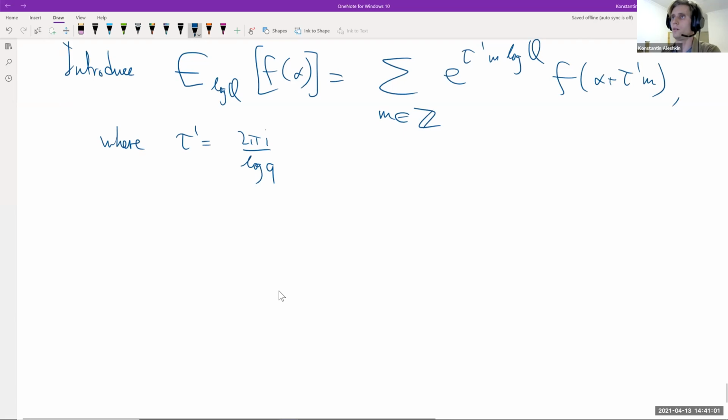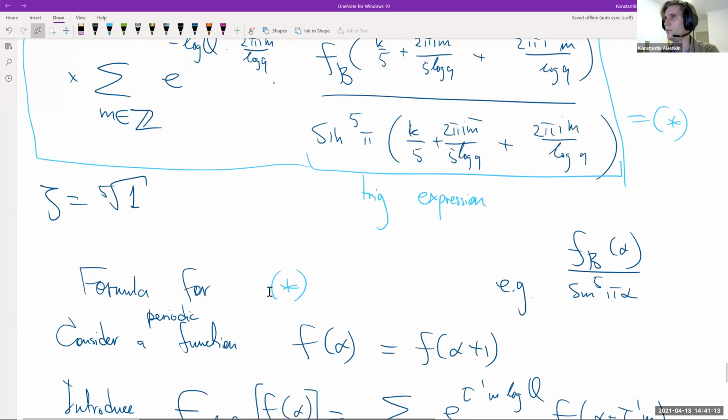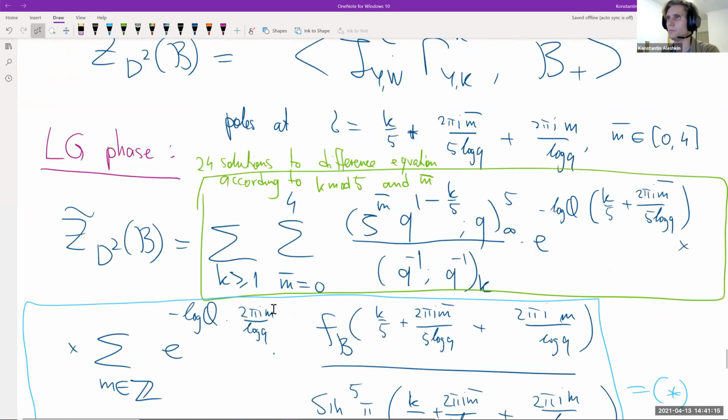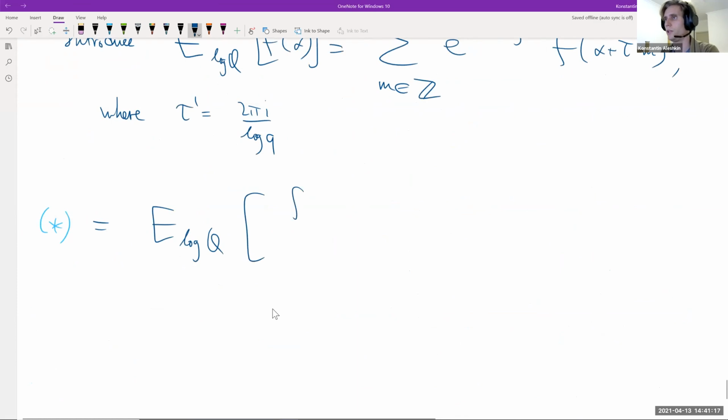So then, first of all, this star is E log Q over the following expression: E log Q of f_B of alpha over sine 5th power of alpha, evaluated at alpha equal to some value.